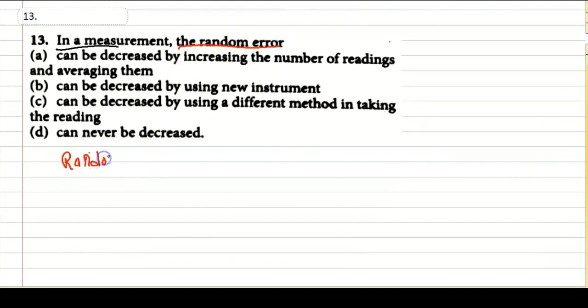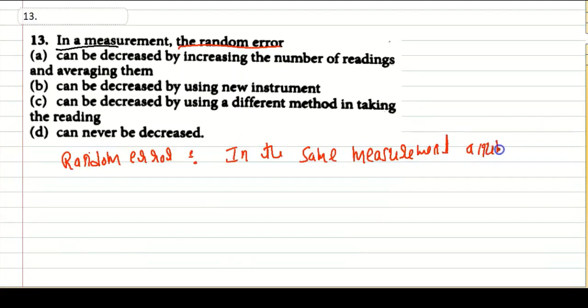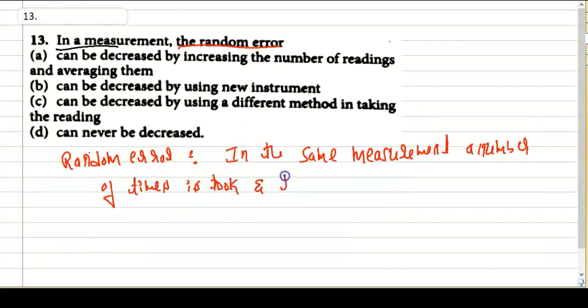Random error means, in the same measurement, a number of times the reading is taken, and then the average value of all the observations is taken. That is the random error.